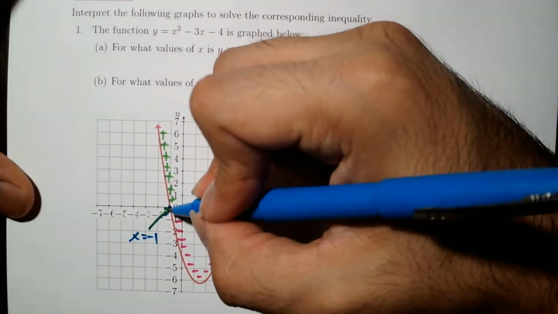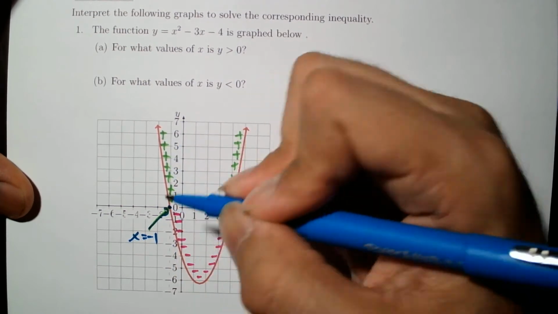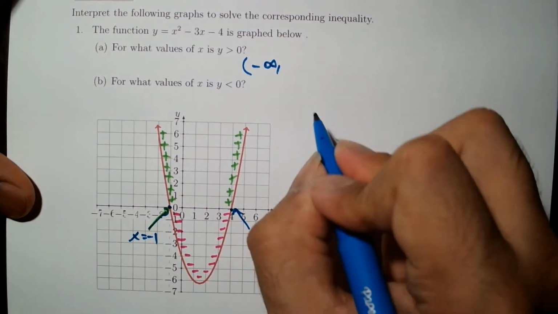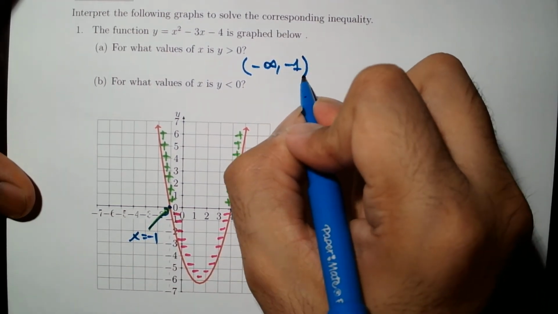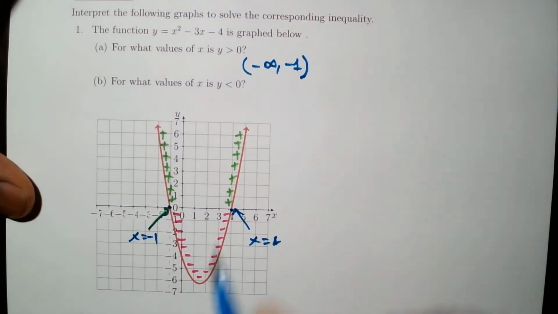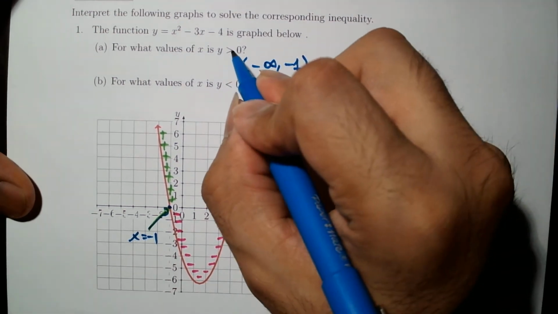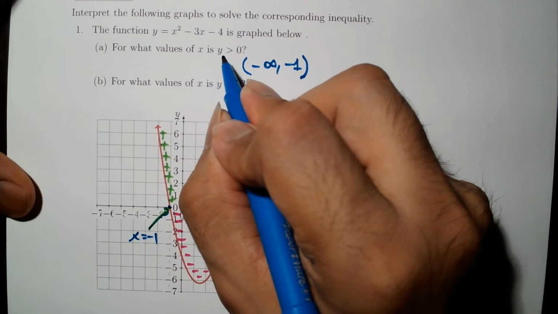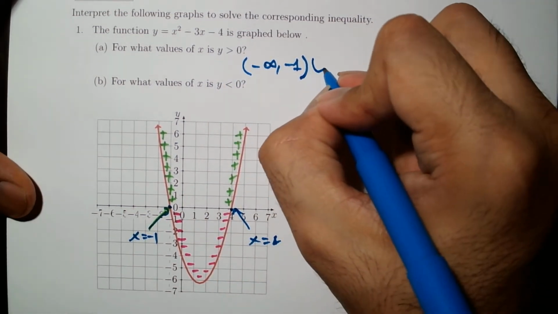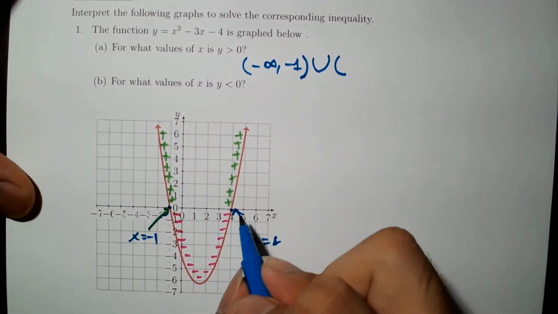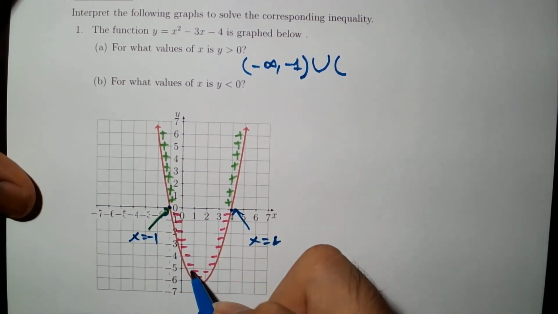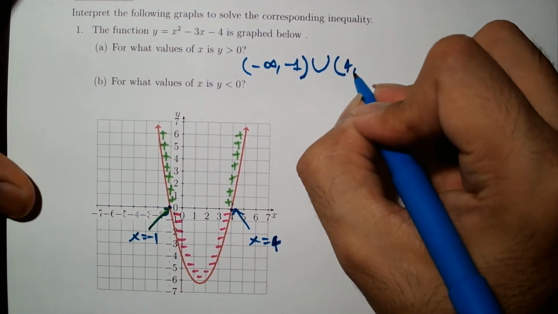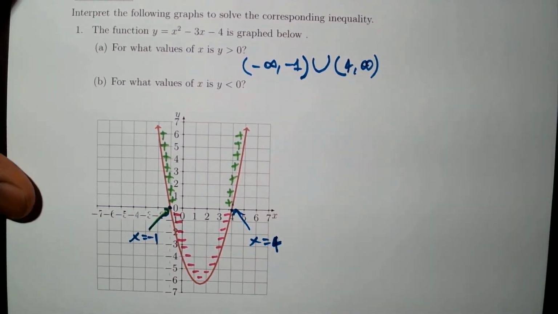Using intervals, I'm going to describe this green part: -infinity to -1, excluded because it's only greater than. We're going to look at an example later to show how it looks when we have greater than or equal. Then the union symbol, and then it goes negative and positive again, starting at 4 and going all the way to positive infinity.